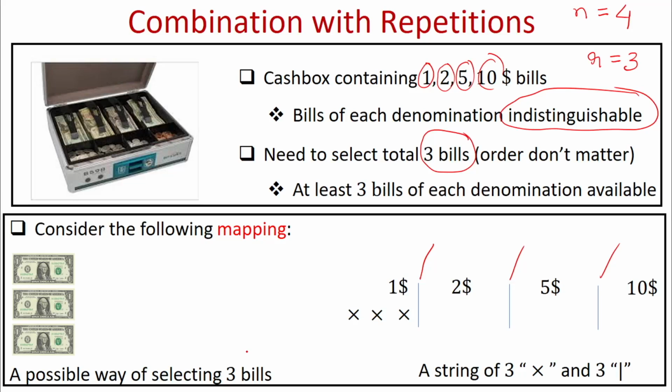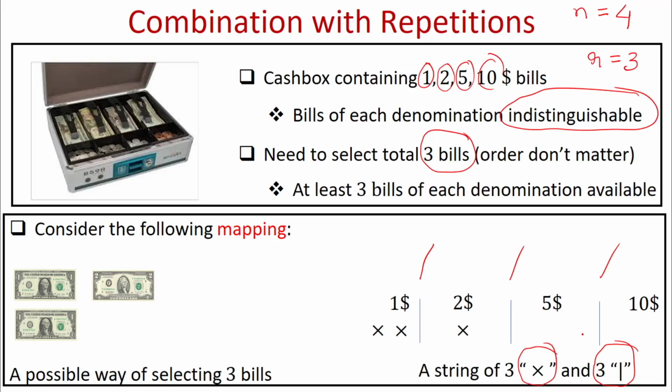So here is a way of selecting three bills where I have picked three $1 bills, and corresponding to that, I am giving you a string consisting of three crosses and three vertical lines. Now consider this way of selecting three bills. I pick two $1 bills and one $2 bill.